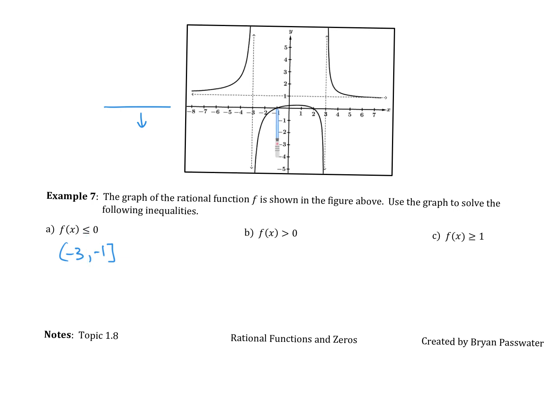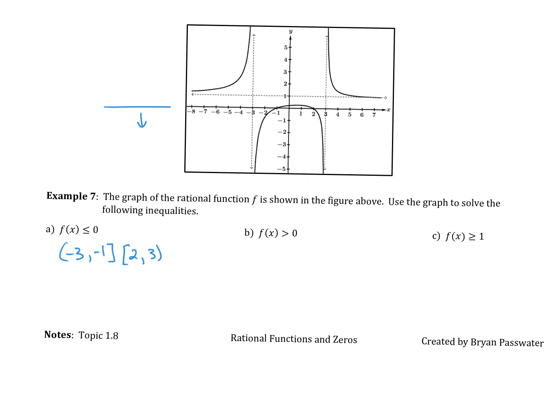Because at -1, it is equal to 0 there. And then when else is f of x below my x-axis, less than or equal to 0? From 2, do I get to include 2? Yes. To what? To 3. Do I get to include 3? No, because it's asymptotical.